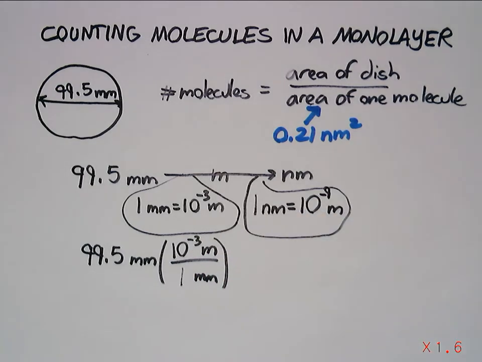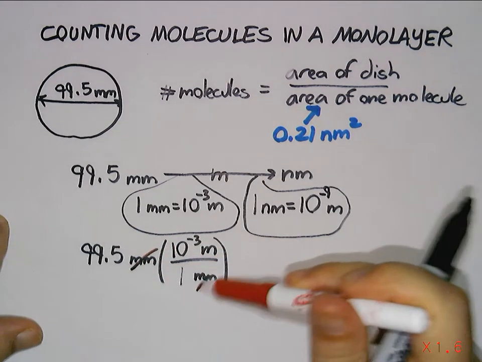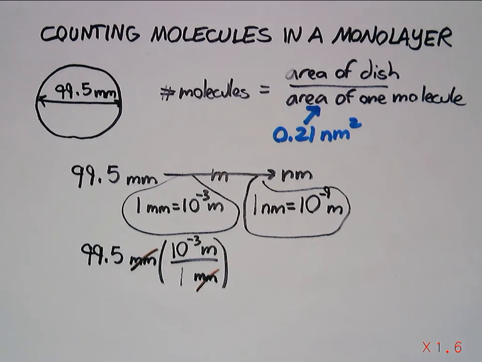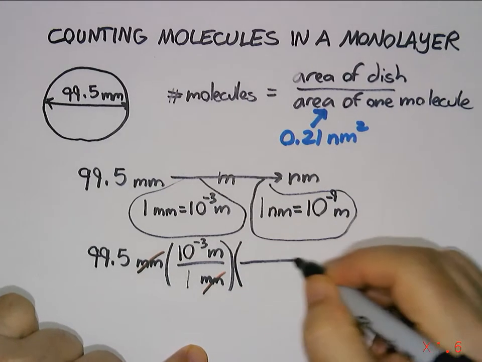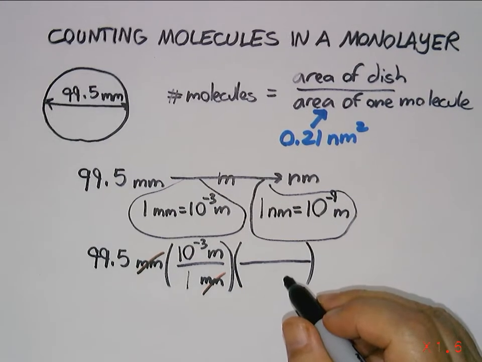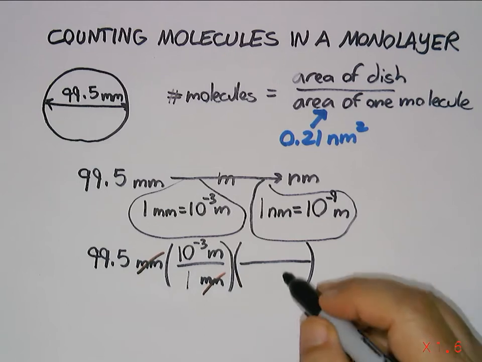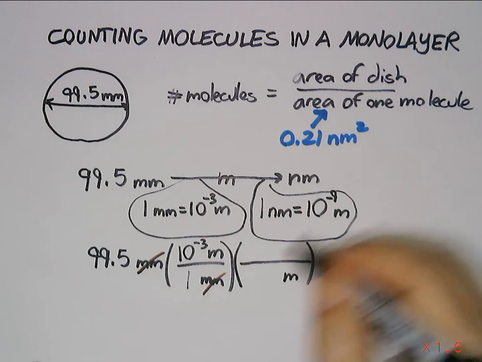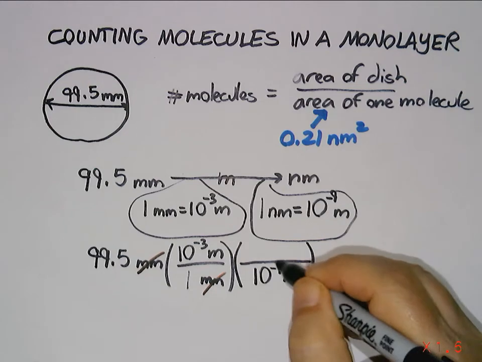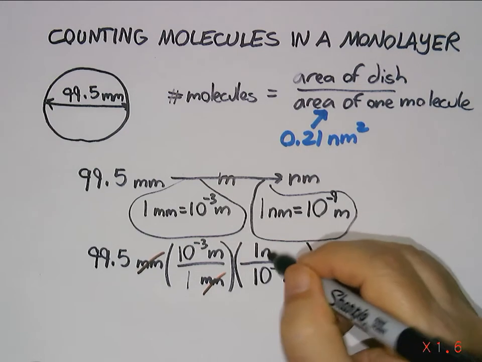So the millimeters is gone. Got to keep going. What goes on the bottom here? I want to get rid of meters, so meters has to go on the bottom there. There's 10 to the minus 9 there, and there's a 1 nanometer on top.